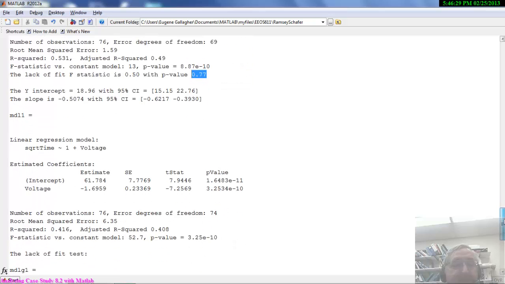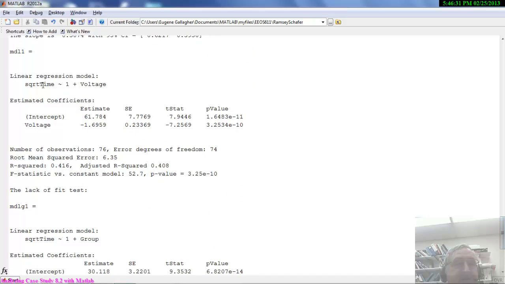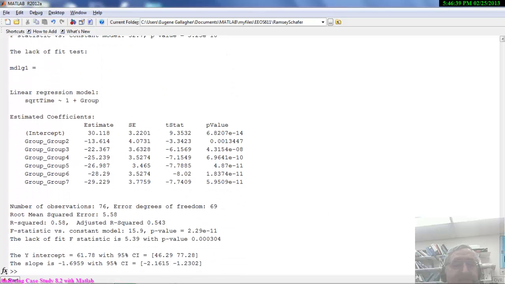Here's the model fit with the square root of breakdown time as the response variable as a function of voltage. And the lack of fit test for that analysis is a very, very small p-value, 0.000304. So not only qualitatively did the diagnostic statistics look bad, but also the classic lack of fit statistic looked bad.